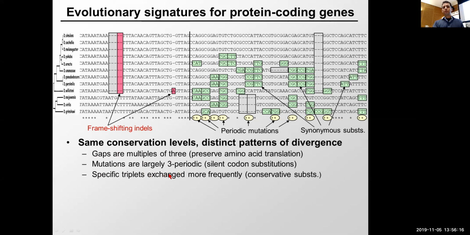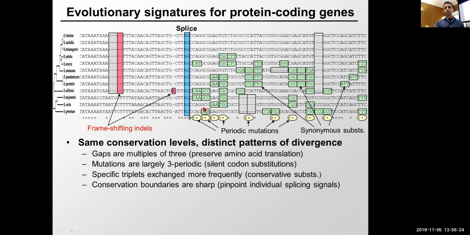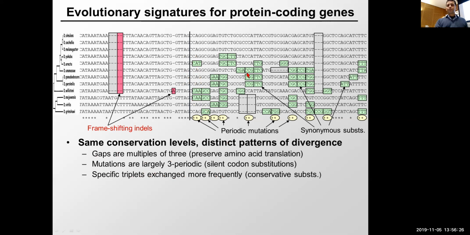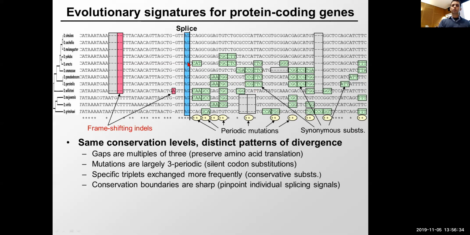And specific triplets are exchanged more frequently. Even when these substitutions are happening, they happen to amino acids that preserve the function of that region. And again, you have here a splice site, which is switching between this non-coding and this coding region.